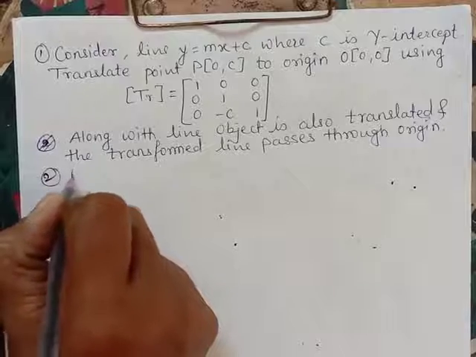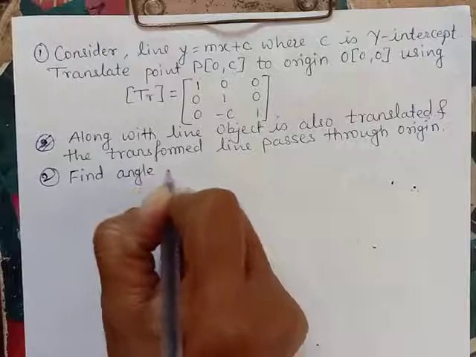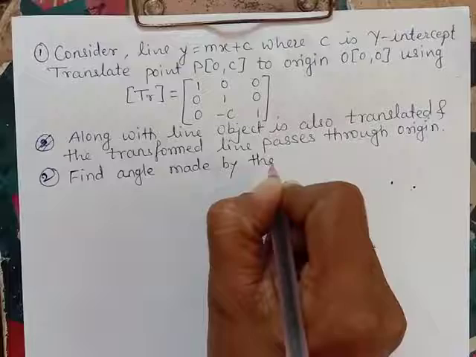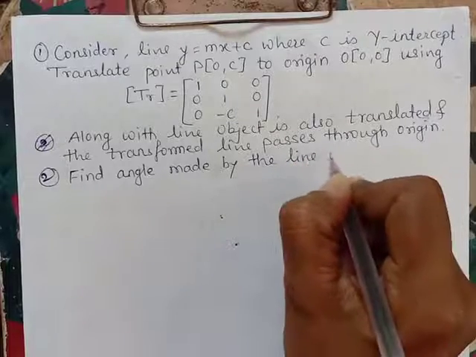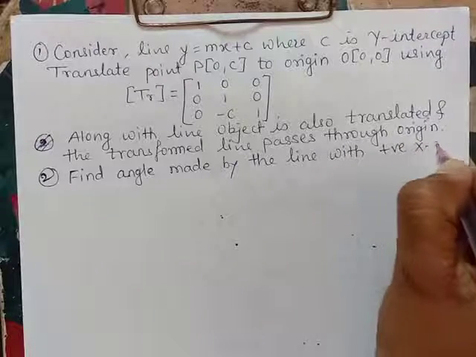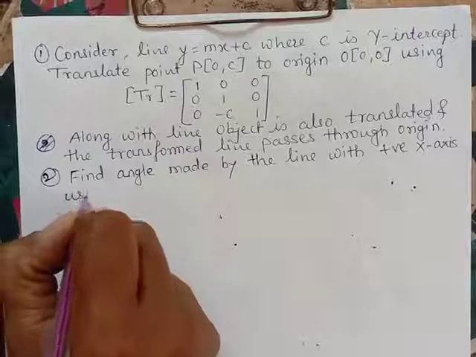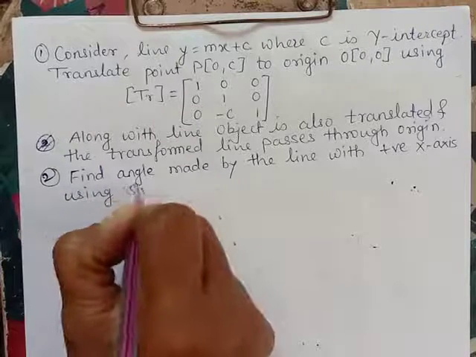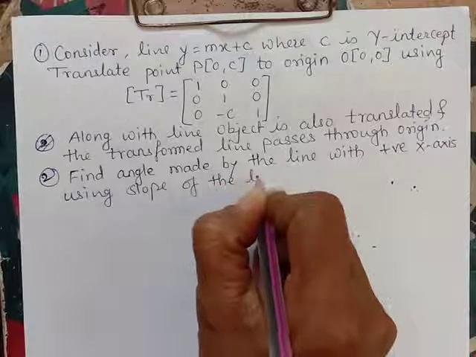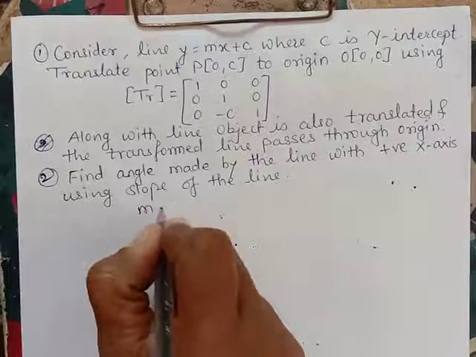Second step, find angle made by the line with positive x-axis, using slope of the line, and slope of the line is m equal to what?